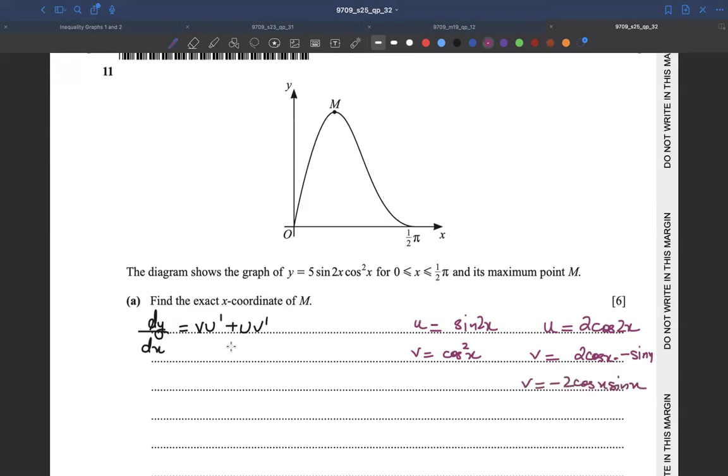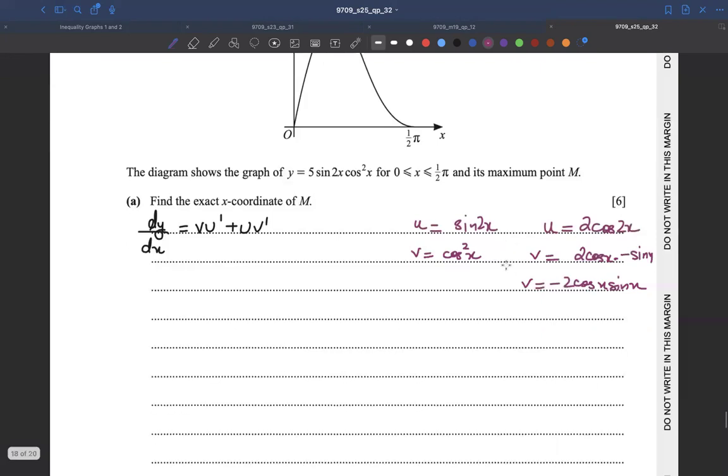Now applying the product rule, you'll get vu dash plus uv dash. So this is u dash and this is v dash. So vu dash would be cos squared x into 2 cos 2x, plus uv dash.